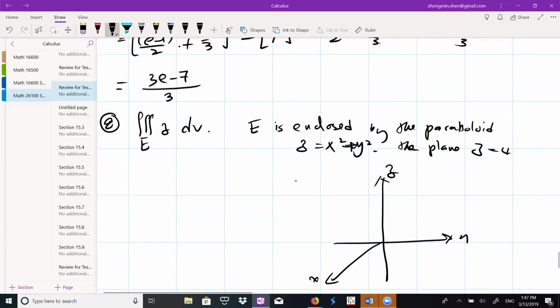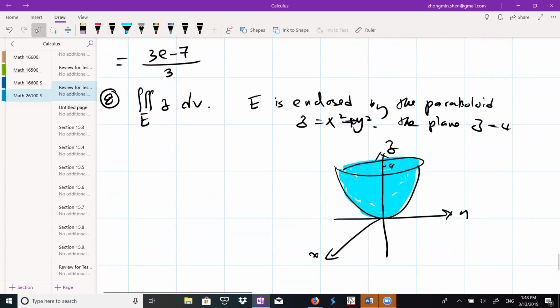All right, so the paraboloid looks like that, the typical one, and z equals 4 is the plane. So we're talking about E being inside here, okay, this is E. All right, so how do you do that?